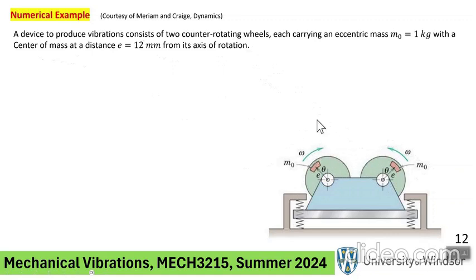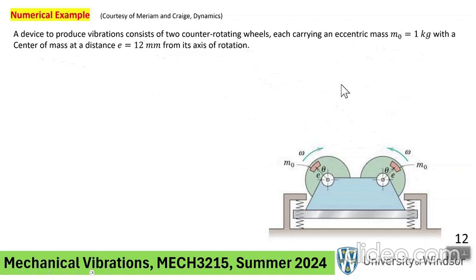Two counter rotating wheels, and there are masses attached. Think of them as lump masses attached, 1 kilogram and 12 millimeters away from the axis of rotation. Now, these are called eccentric masses, right? These M naughts are called eccentric masses.